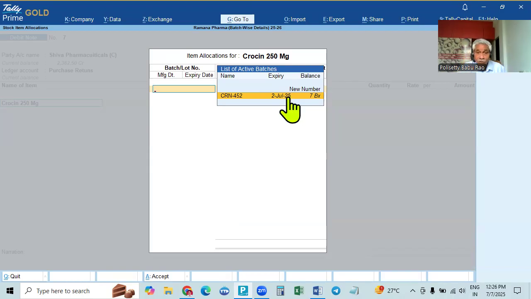How will you do that? For the purpose of return only, we have to make a setting, so that we can see the expired items to make the entry. After returning, you have to go back, because if we keep it like that, later when you sell, expired items will also show. So how we will do this: go back here.